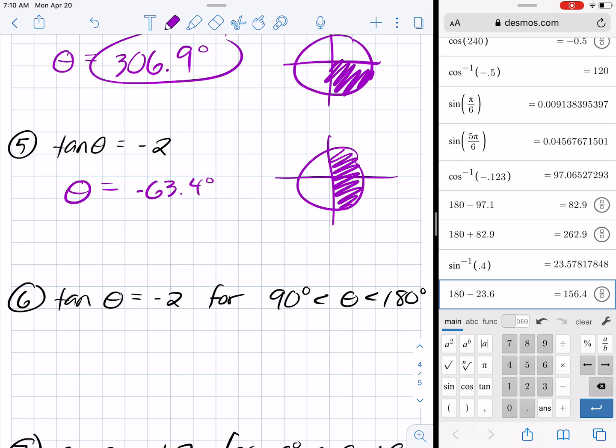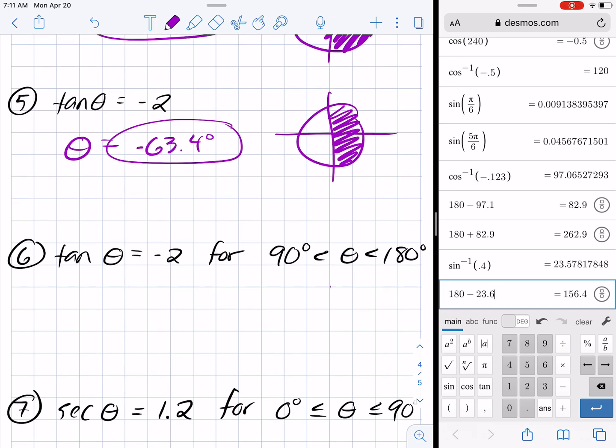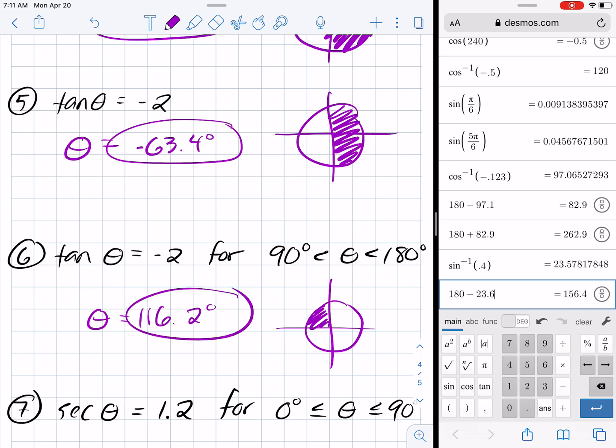Great. We want to keep it negative instead of using the coterminal positive angle. And then using a reference angle of 63.4 degrees in quadrant 2 would have gotten you 116.2 degrees.